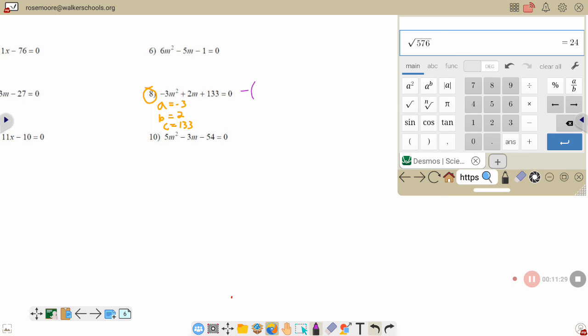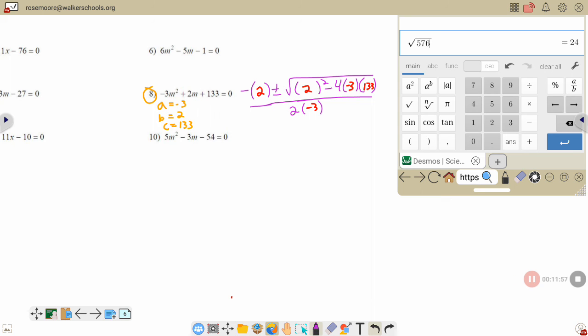Opposite of B plus or minus the square root of B squared minus 4AC. All right, B squared again is 2. 4 times A is negative 3. And C is 133. All over 2A.